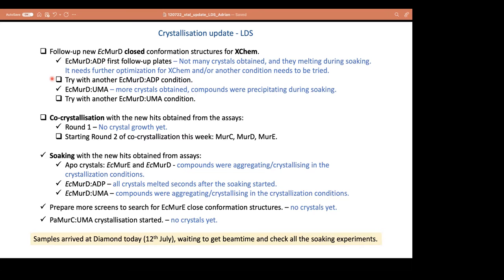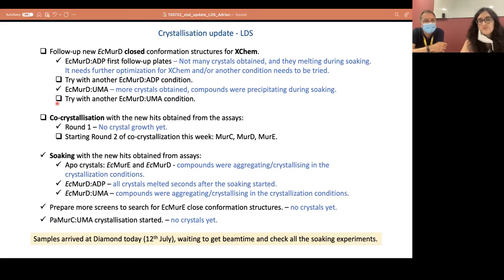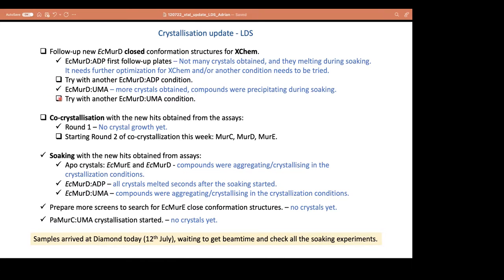I would think that the UMA system would be the best system to try. I'm just trying different things in case we can. I understand. I'm just saying, out of the systems, I think the UMA system without ADP bound would be more favorable for these compounds, but that's just a guess.